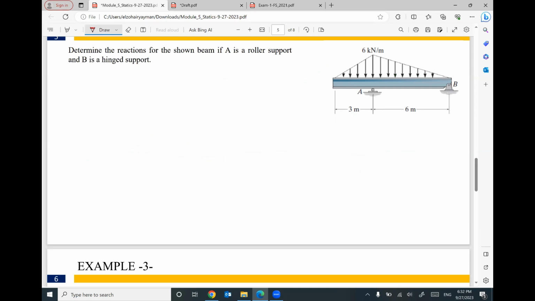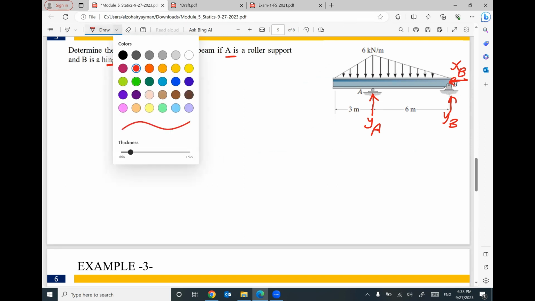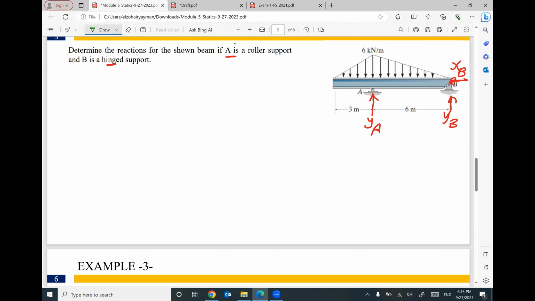Okay, first of all, A is a roller. If you have a roller at A, that means I will have only one reaction, YA. B is a hinge, so I will have two reactions, YB and XB. Next step, I will convert this distributed load to equivalent.